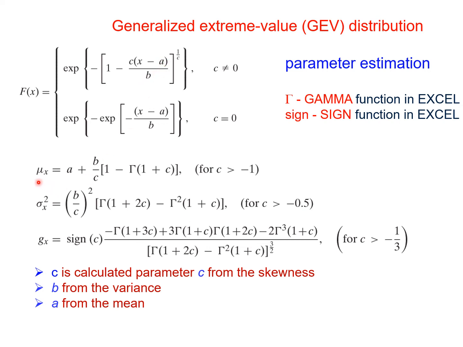You also need mu, sigma, and the skew coefficient to find those parameters. So first you need to have the mu, sigma, and skew coefficient of your data, and from there you can calculate the values of a, b, and c. And once you know the values of a, b, and c, you can use this cumulative distribution function to calculate the cumulative probability.